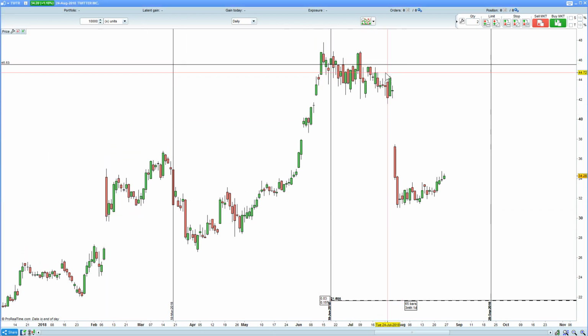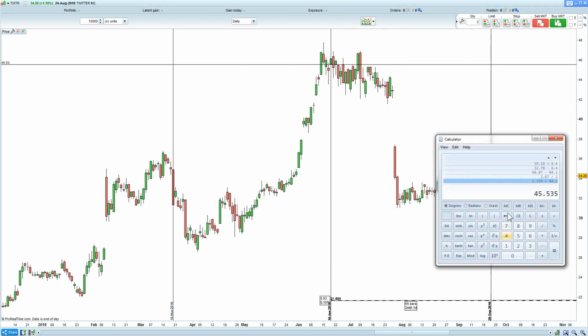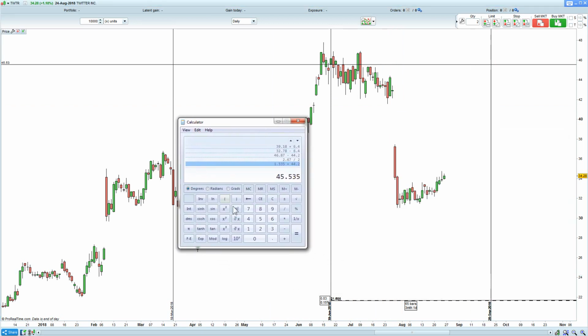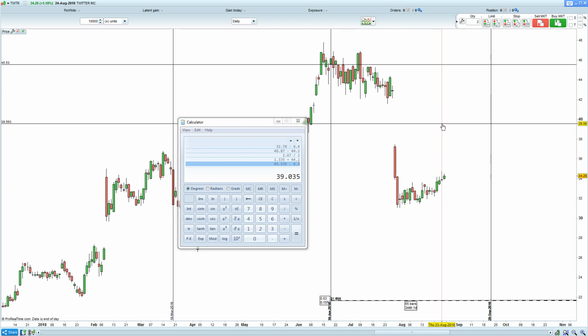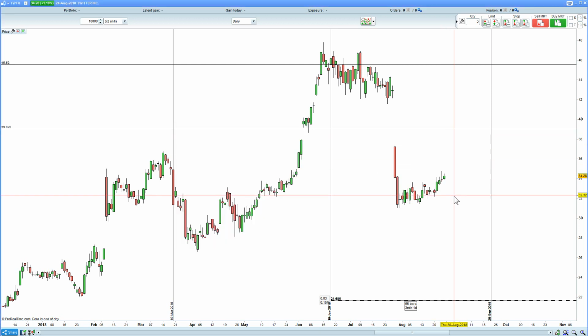There's that price level. Now, obviously, in hindsight, we can see that nothing has gone up significantly over that, so I'm not going to bother with those price levels. But we can take this number and subtract our 6.5. We get 39.03, which is right there. I think I'm off by almost, well, that was pretty good.